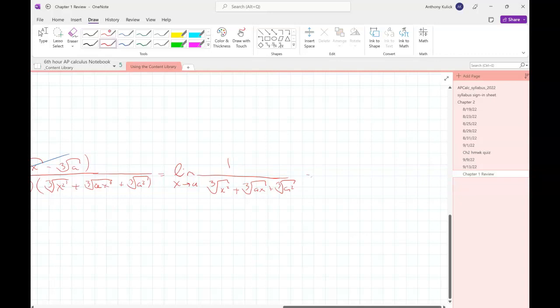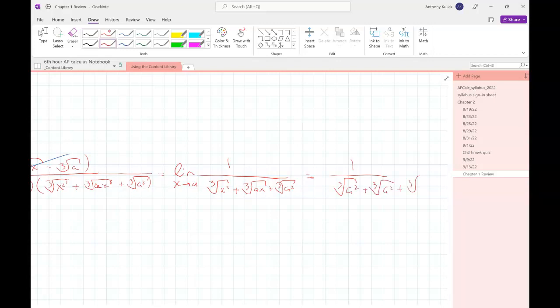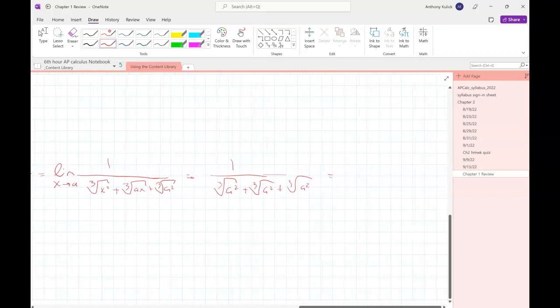And now if I direct substitute, I just have 1 over the cube root of a squared plus the cube root of a squared plus the cube root of a squared, which is all 1 over 3 cube roots of a squared.